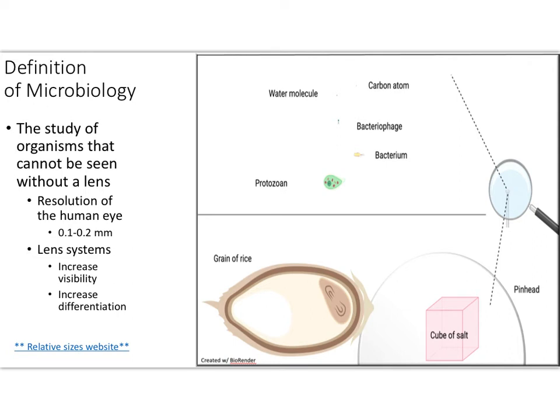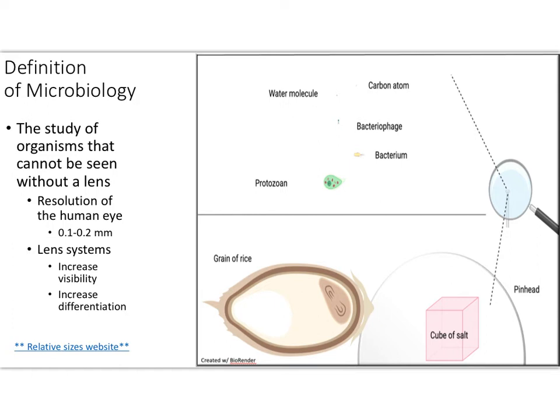So the definition of microbiology basically is the study of any organism that cannot be seen without a lens, or that cannot be seen with the naked eye. So microbes are living organisms that fall into this category of something that cannot be seen without the aid of a lens.